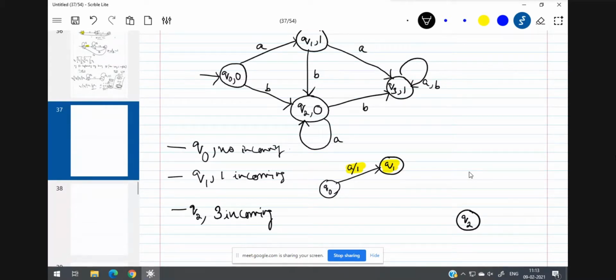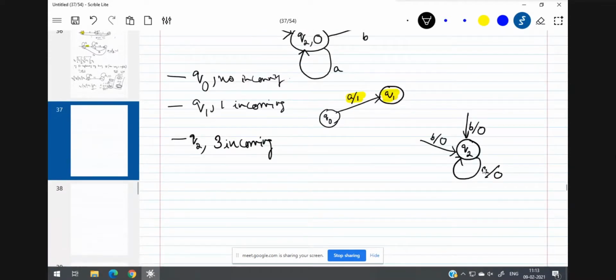I keep Q2 as it is, and this one will be A with output 0 for input A, then B with input, output 0, and then B with output 0. Okay, this is Q2. Now next one is Q3.